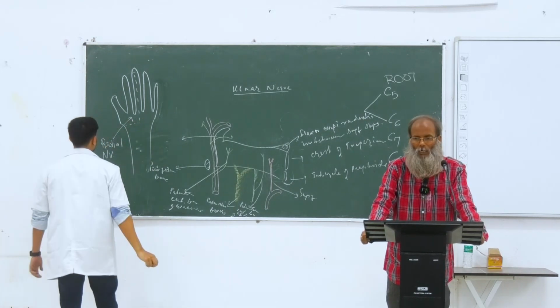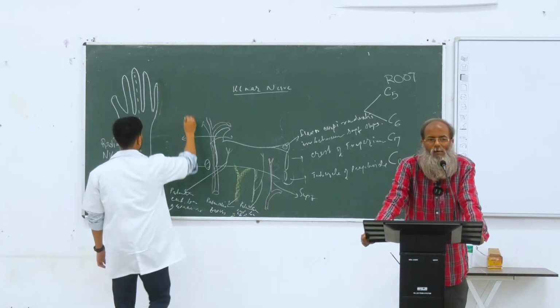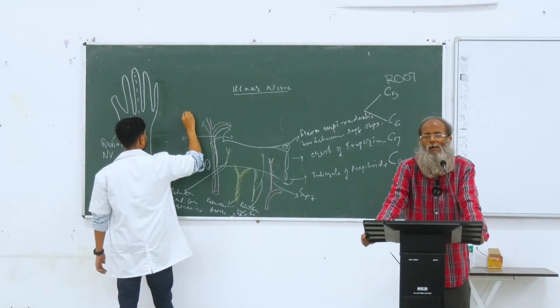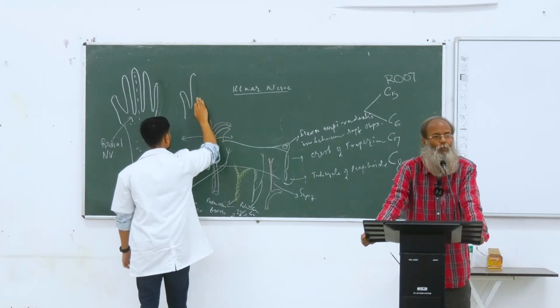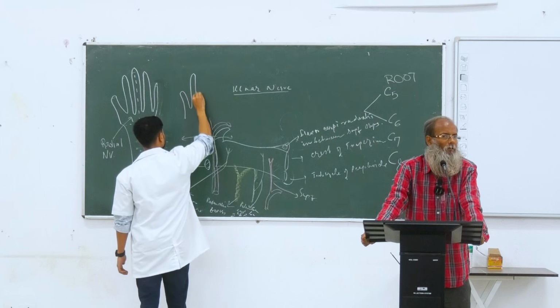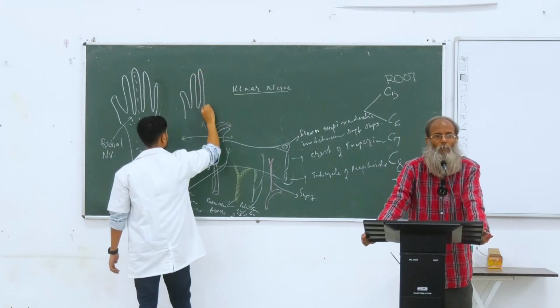What happens to it? In claw hand. What do we mean by claw hand?